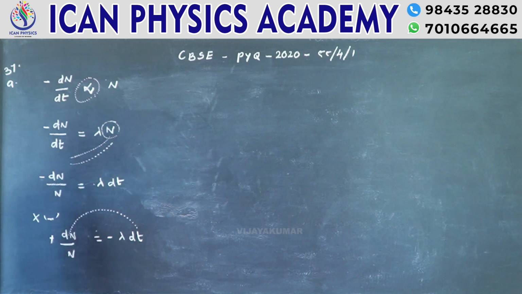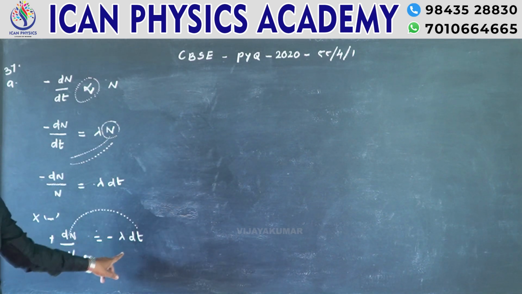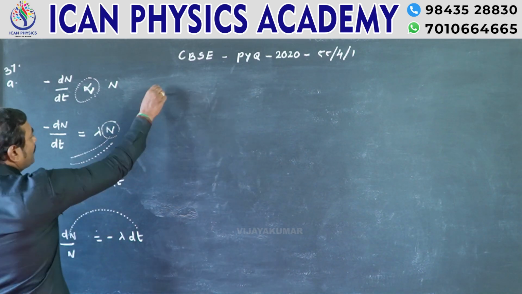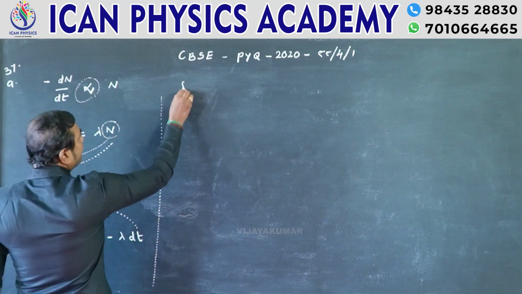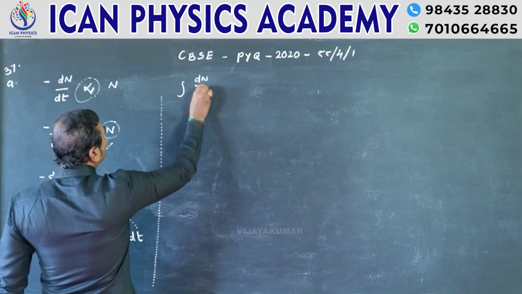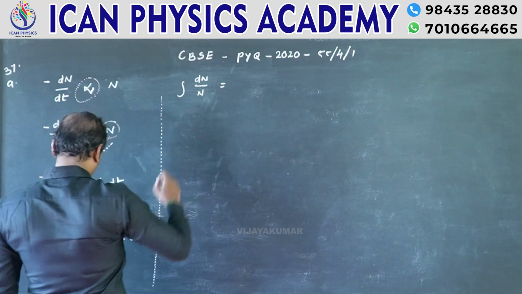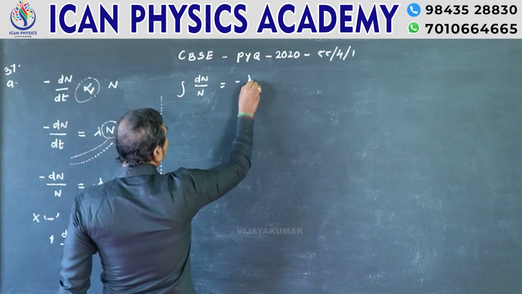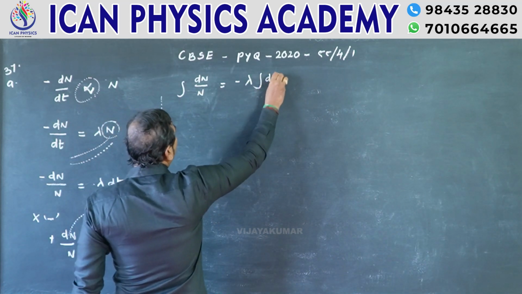Now both sides are in differential form, so integrate on both sides. Integral dN by N equal to minus lambda into integral dt.